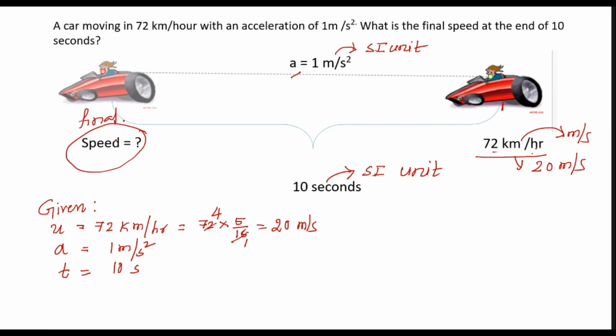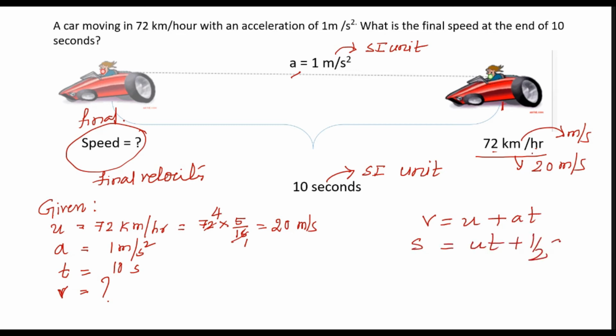Final speed, or we can call it final velocity. And what is the symbol used for final velocity? Small v is equal to question mark. So this is v. Now please recall the equations of uniformly accelerated motion. And what are those? v is equal to u plus at, s equals ut plus half at square.